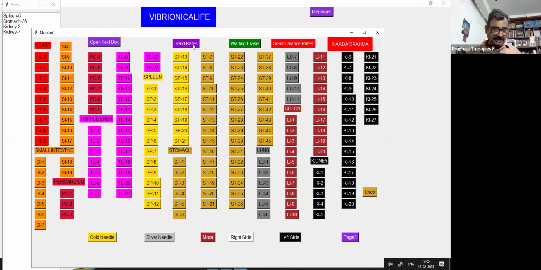Then if coldness affects the muscles, what will it show? Atony, atrophy, paresis and paralysis, rigidity, muscular hypoplasia, unbearable pain including phantom limbs, cramps and spasm.